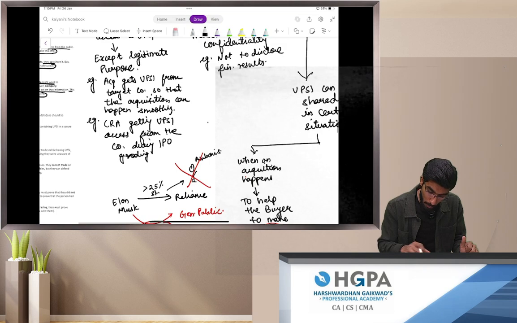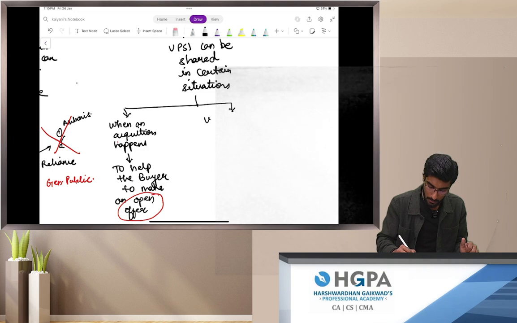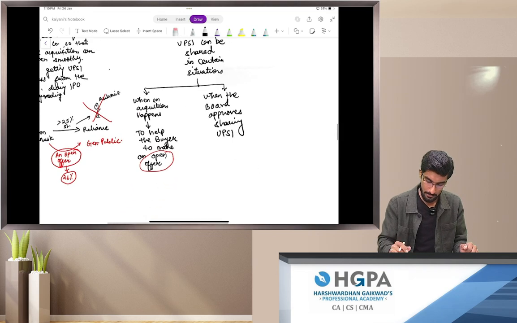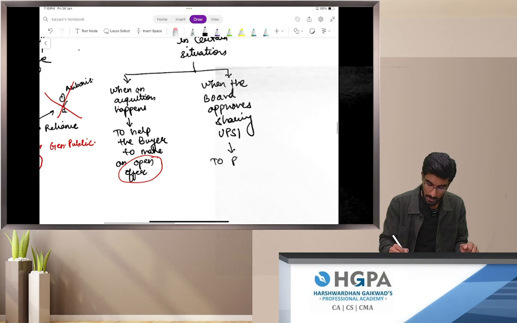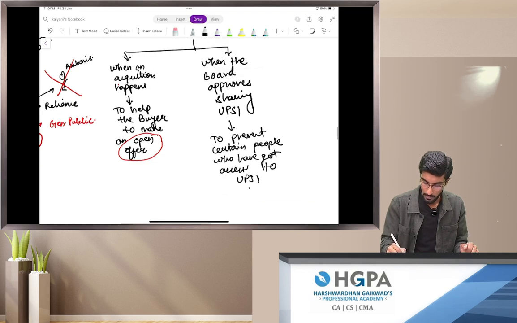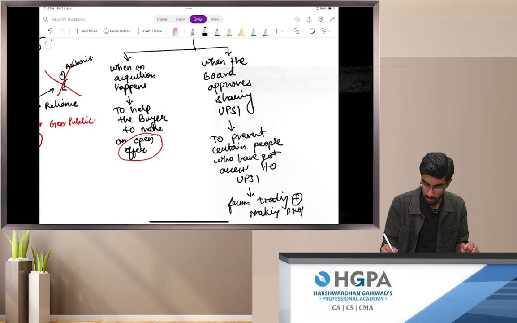When an acquisition happens, when the board approves sharing UPSI, it is to prevent certain people who have got access to UPSI from trading and making profits.